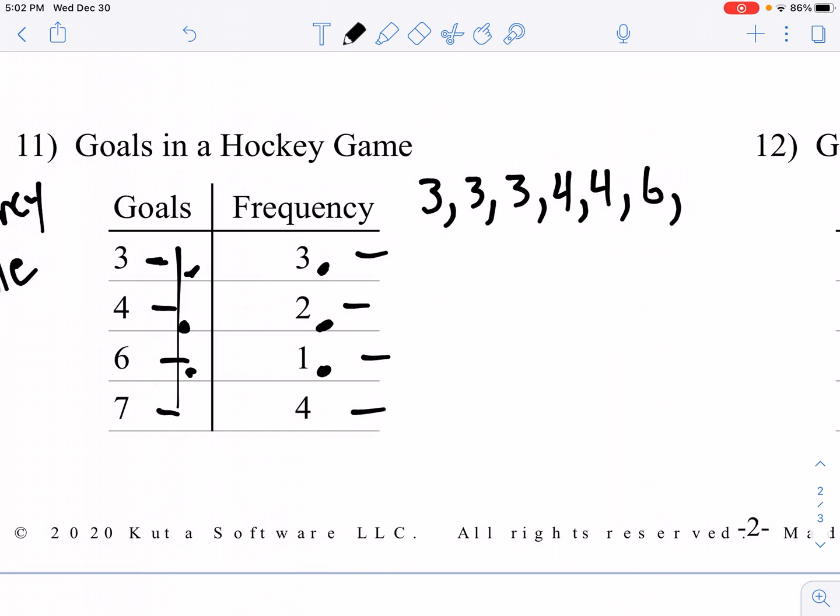And then there would be 4 sevens. So 7, 7, 7, 7. Okay, so this would give us our list of values there. That's how we want to read a frequency table. It lists the number of times that this number occurs. Okay, and then from there we can find our mean, median, mode, and range.